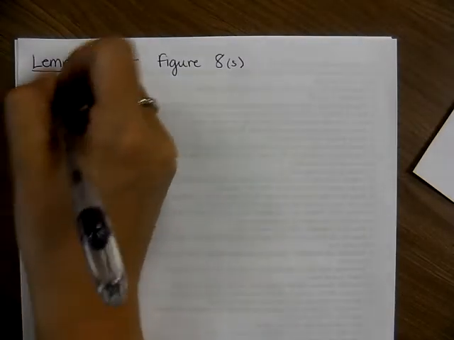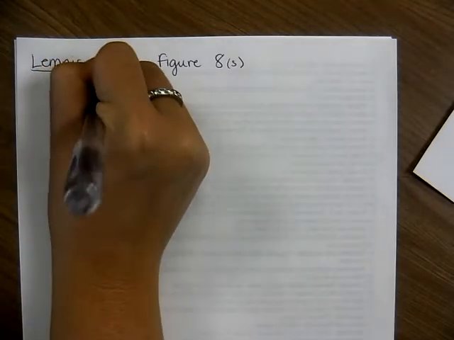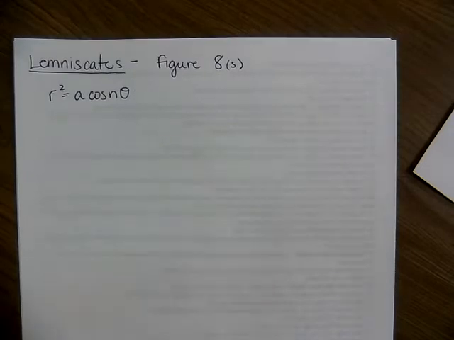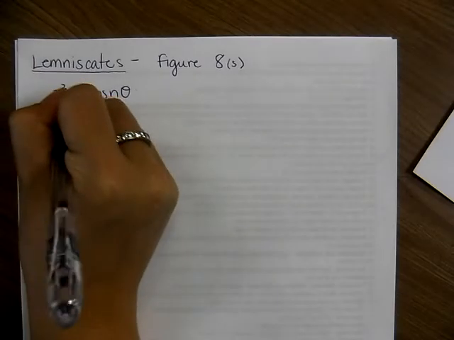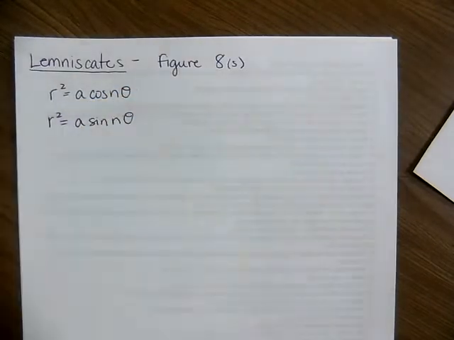The equation for a lemniscate looks like this. R squared equals A cosine n theta, or R squared equals A sine of n theta.